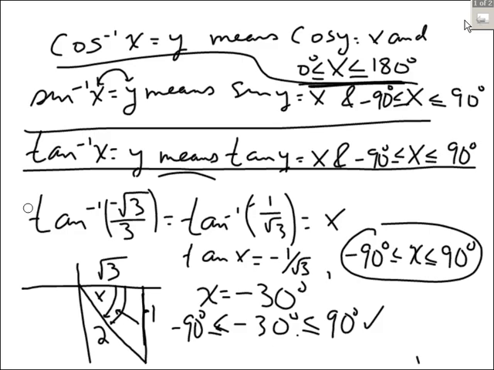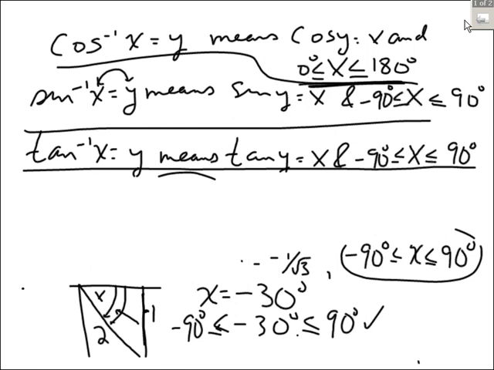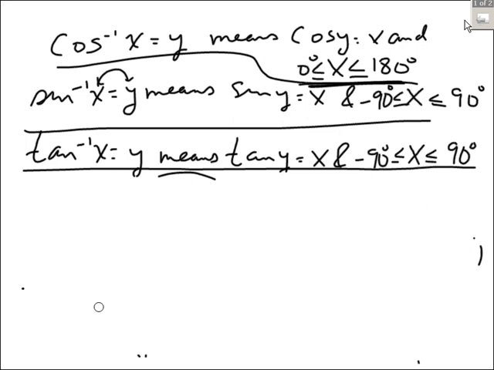So let's try this one. Now sometimes you can't get an answer. And I guess that's the big hint. We're not going to be able to get an answer in this problem. For example, I ask you for the cosine inverse of 5.